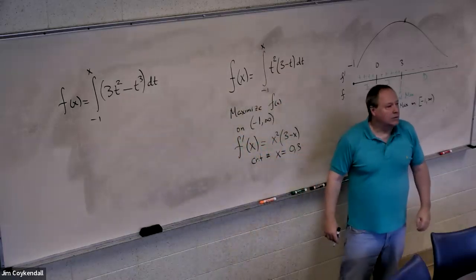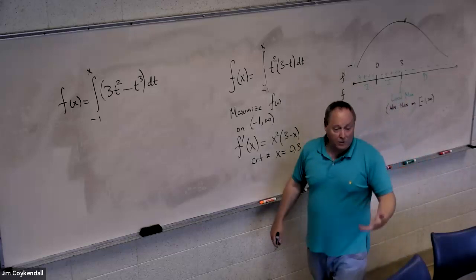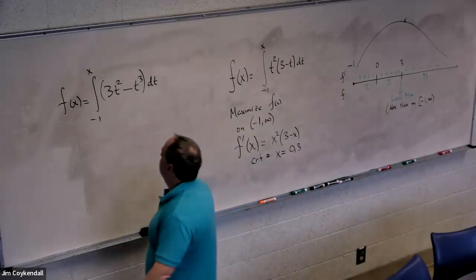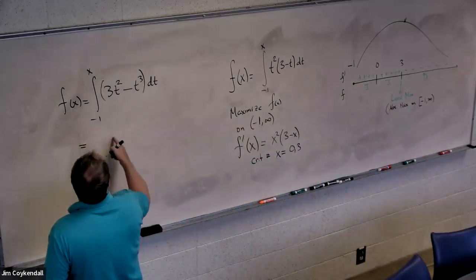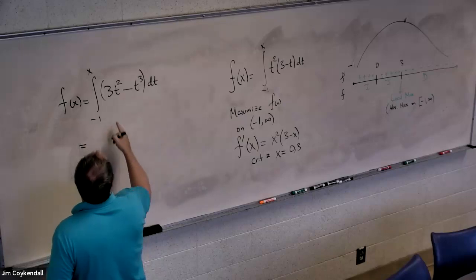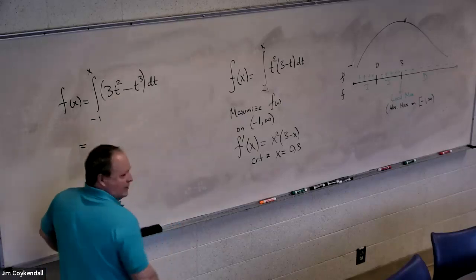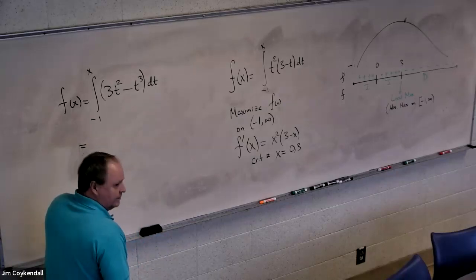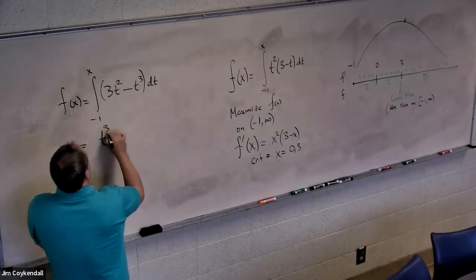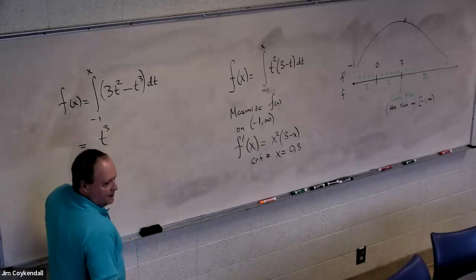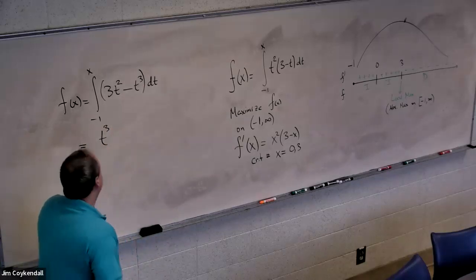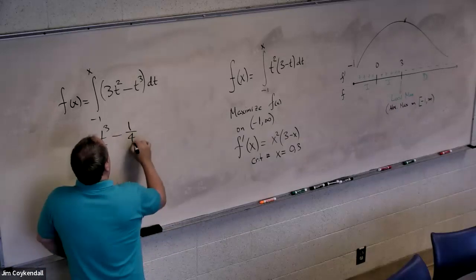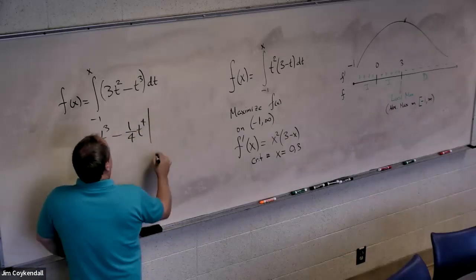Now I can use the fundamental theorem of calculus 2 and just write down what this is. This is equal to what's your favorite antiderivative? 3t squared? Agreed. And how about t cubed? Good.